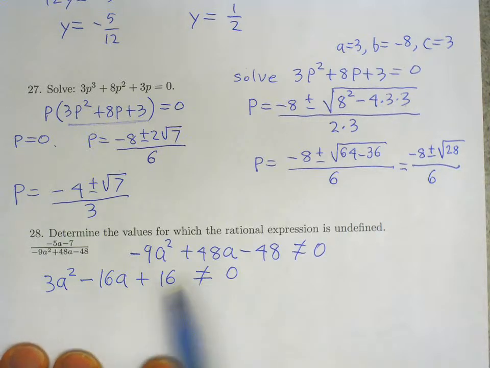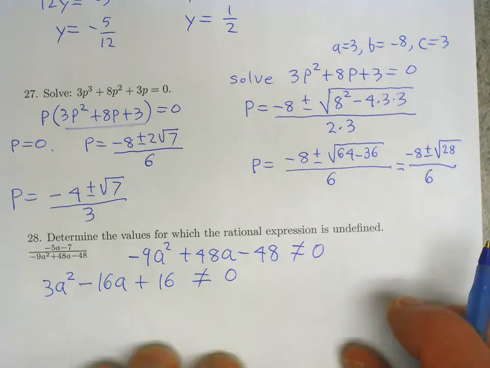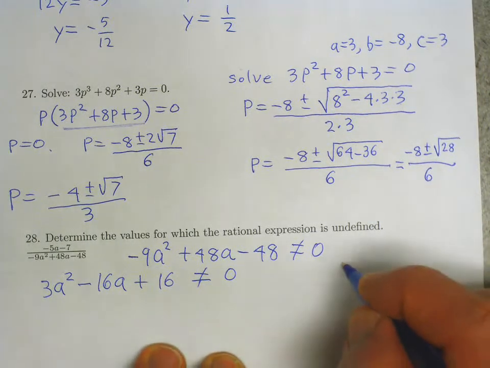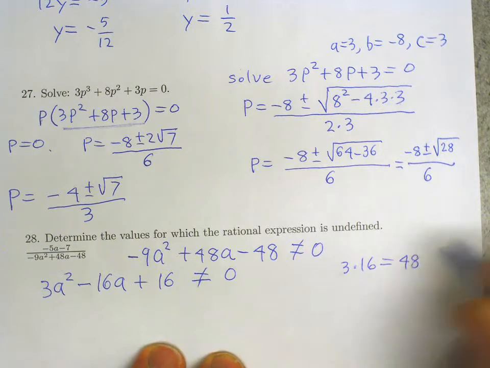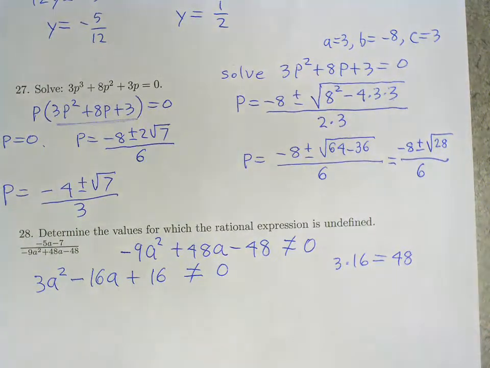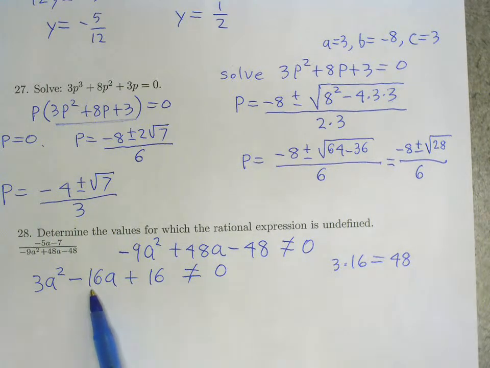So let's see if we can factor this using the AC method. 3 times 16 is 48. And we want to see if we can find two numbers that have a product of positive 48 and a sum of negative 16.